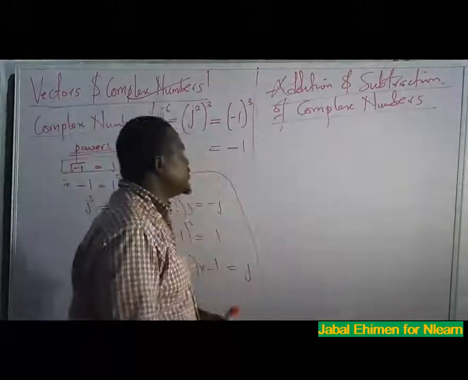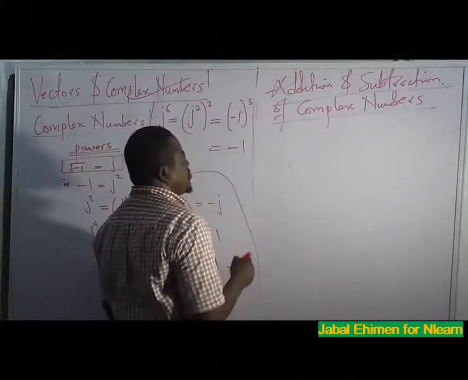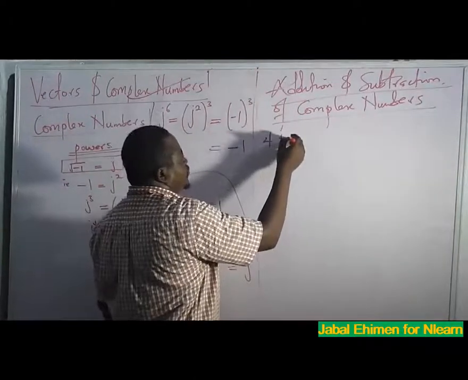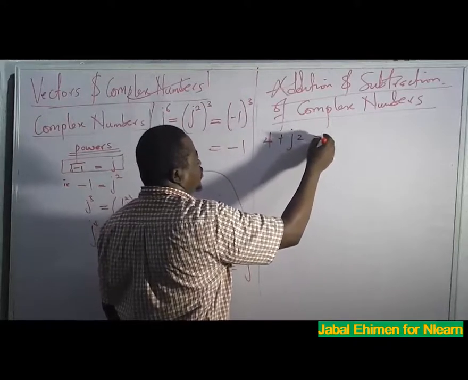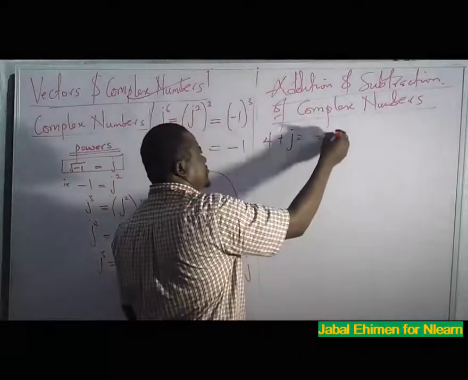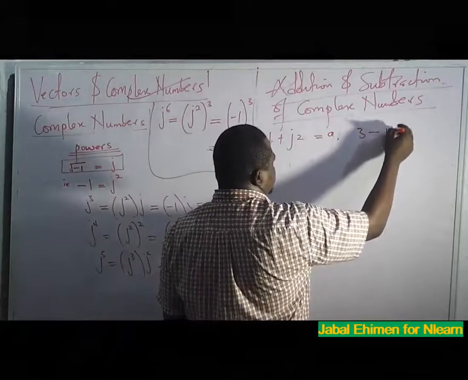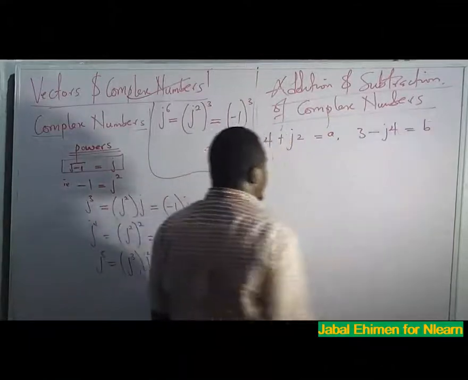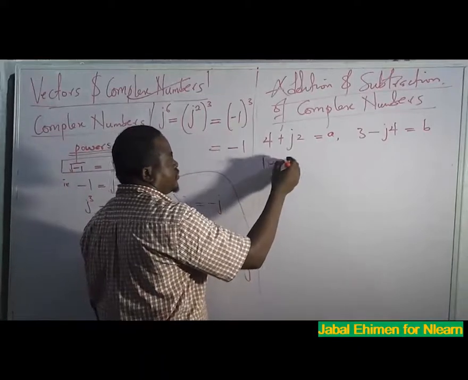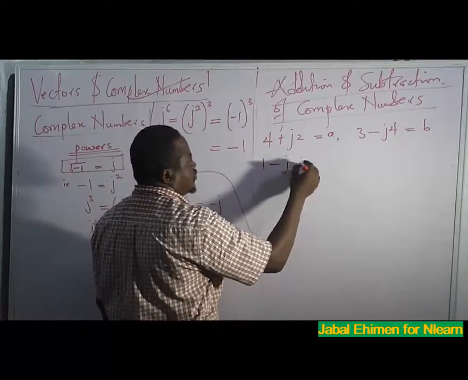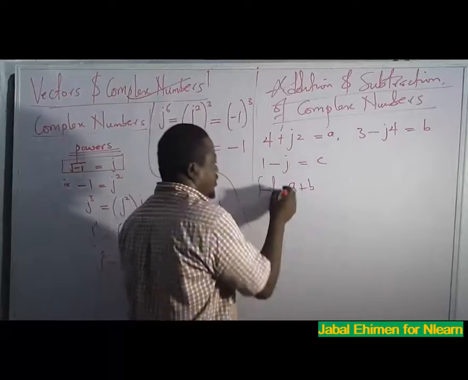Now, from complex numbers, we observe that if, for example, you are given 4 plus j2 equals A, 3 minus j4 equals B, and 1 minus j equals C. And they ask you now, find A plus B as figure 1.